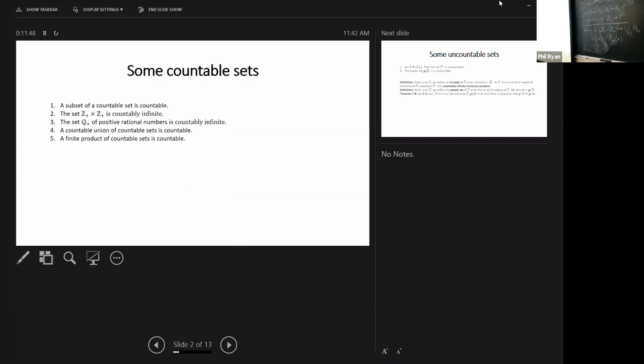For any pair of integers, I use the first integer to choose one of my sets, and then the second integer chooses an element of that set. Okay, so it's well defined.